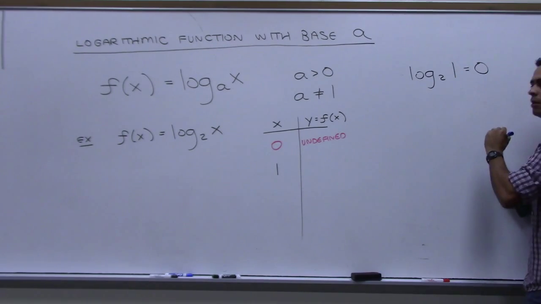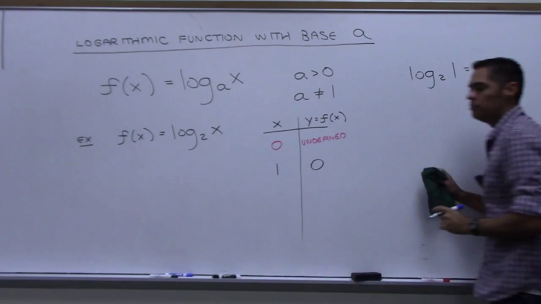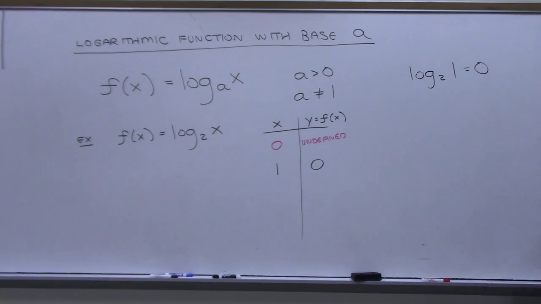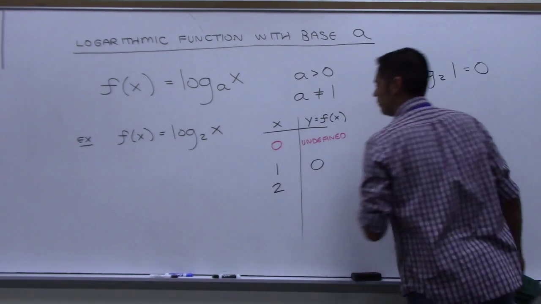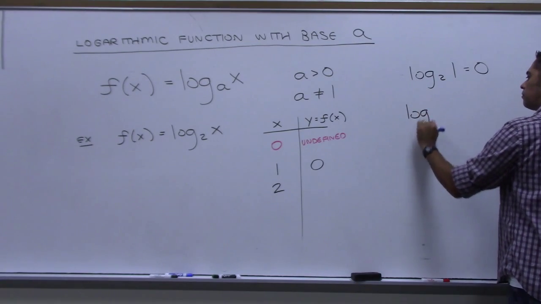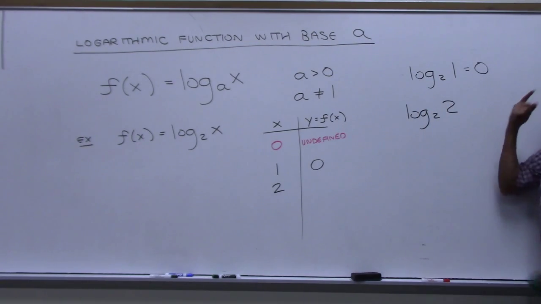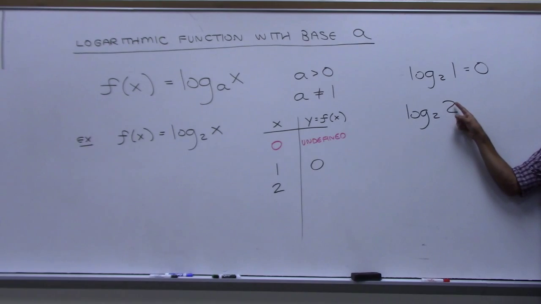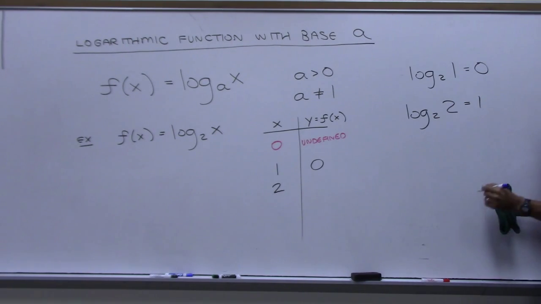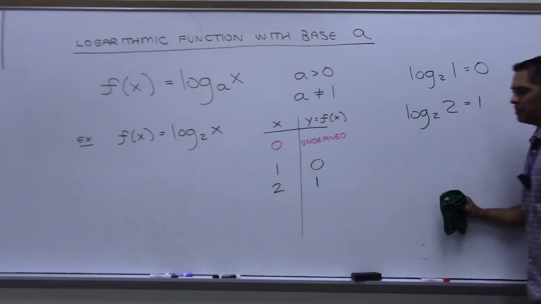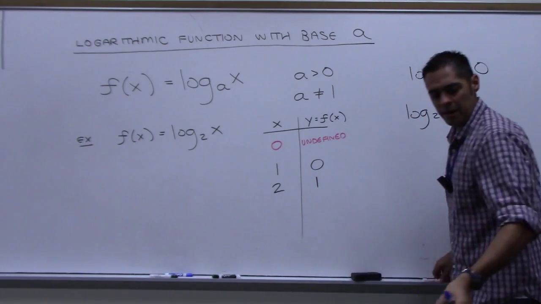So I'm going to get 0 here. That wasn't bad. How about 2? That's saying log base 2 of 2. So the question is, 2 to what power is 2? 1, right? So this is 1. That wasn't bad. All right, how about 3?